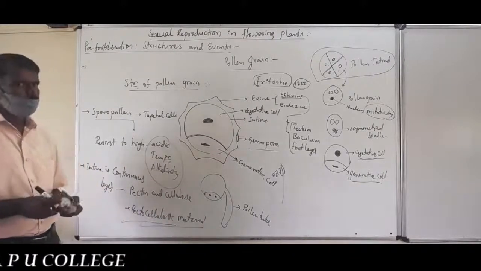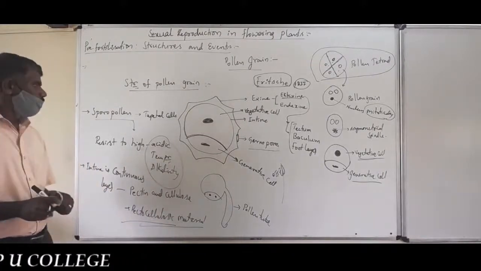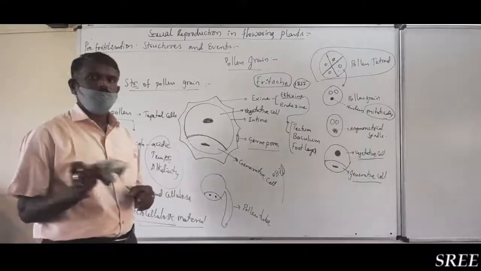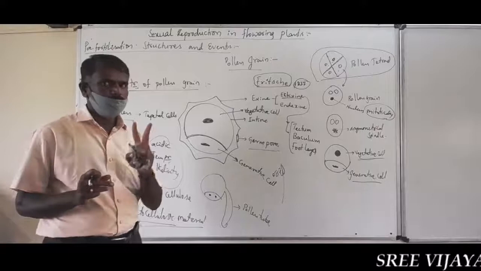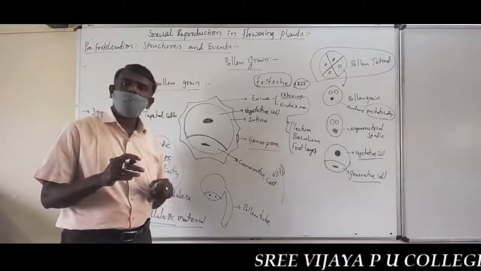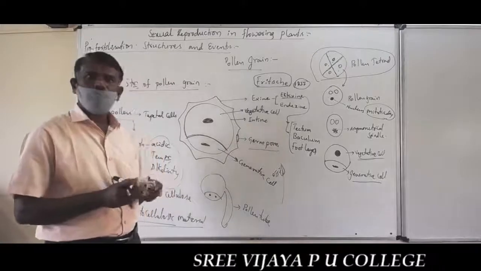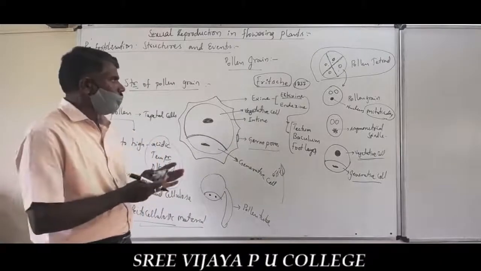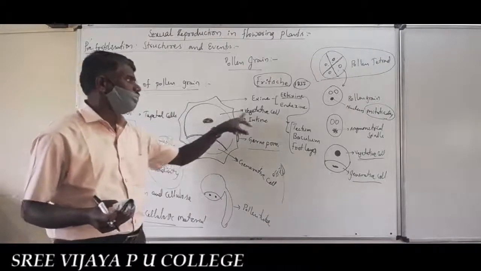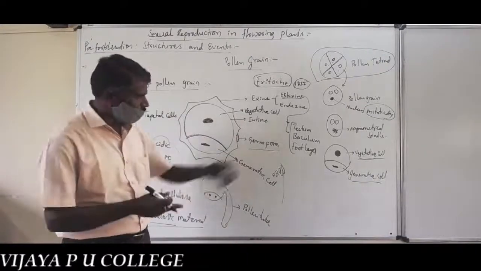Pollen grains are shed at either the two-celled stage or the three-celled stage. More than 60% of pollen grains are shed at the two-celled stage, meaning only two cells are present, the vegetative cell and the generative cell.